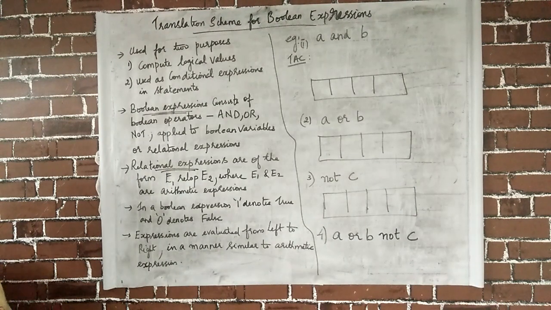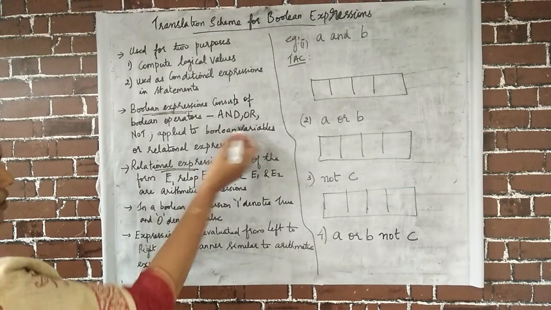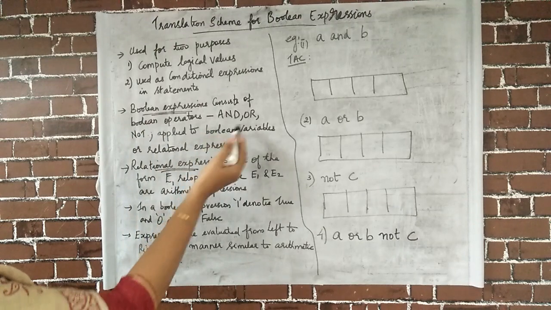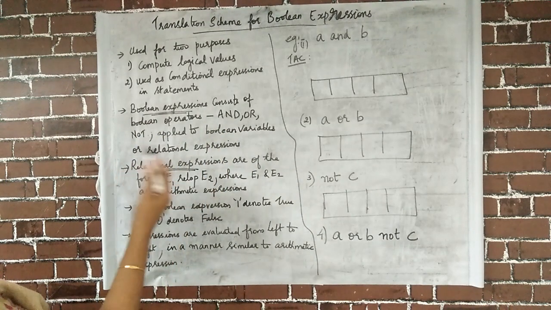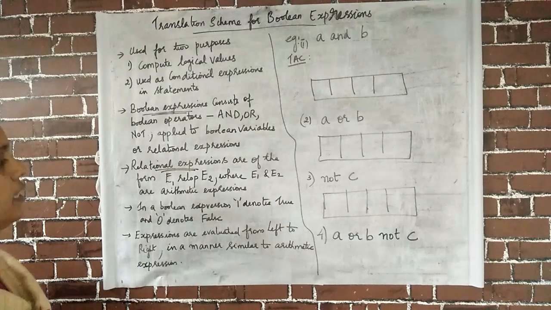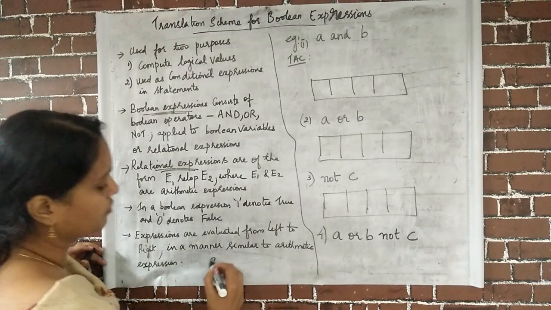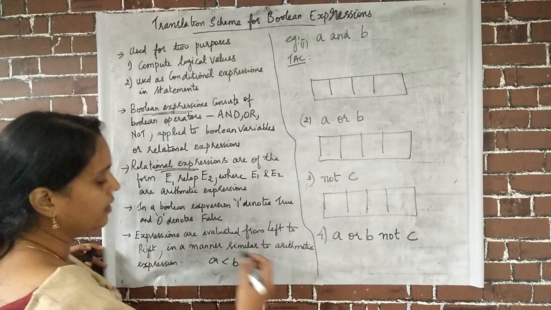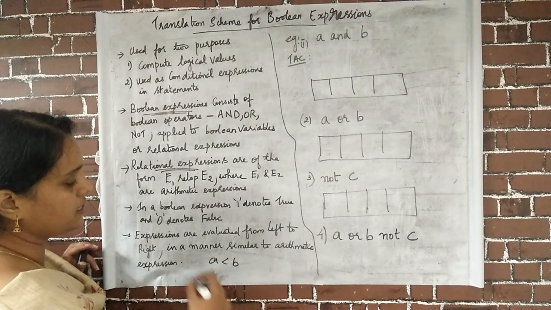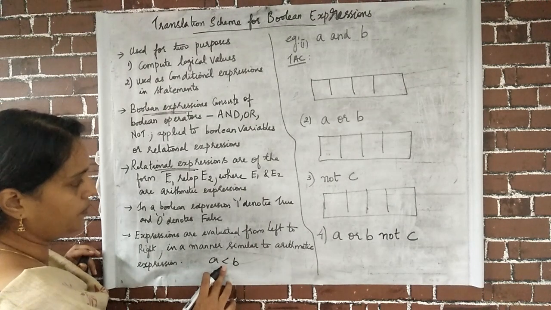Now, the Boolean expressions consist of Boolean operators such as and, or, and not, and these operators are either applied to Boolean variables or to a relational expression. Relational expressions are expressions of the form a less than b, a greater than b, a less than or equal to b, which involve relational operators.